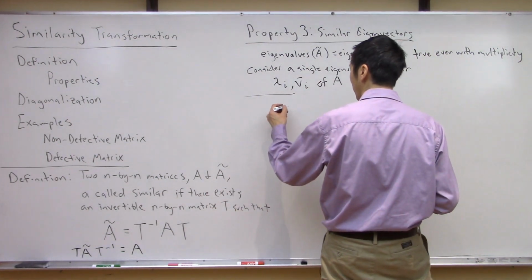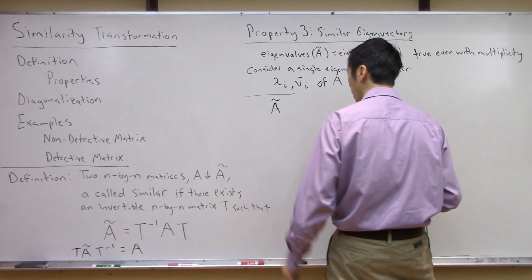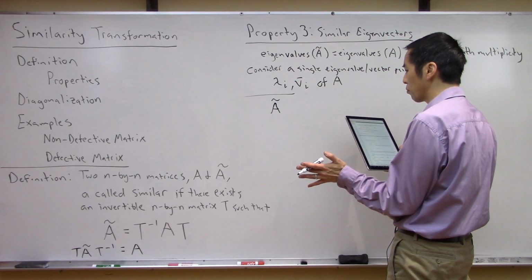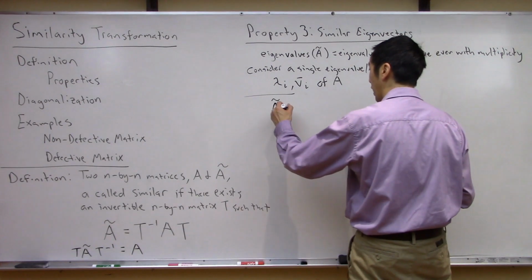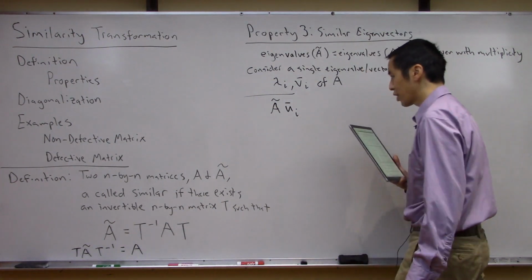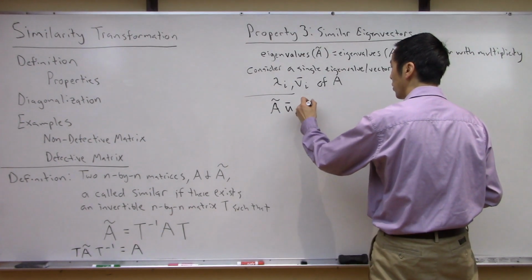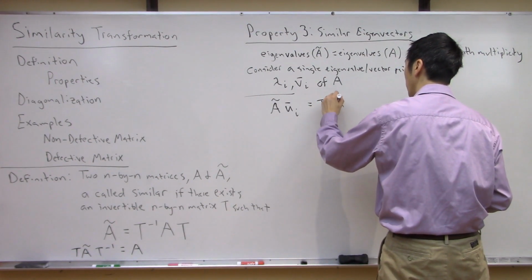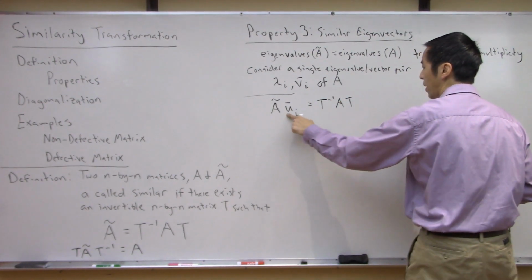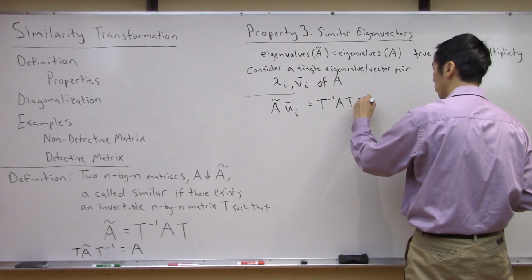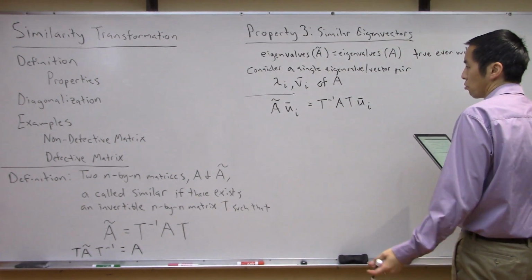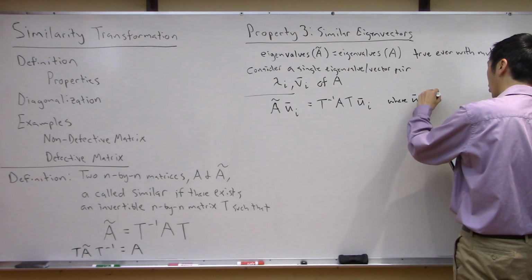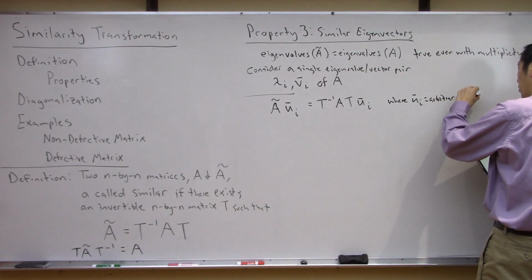Let's just look at A tilde, and multiply this by some arbitrary vector, how about u i. Now, A tilde is T inverse A T. Since I multiplied on the right by this arbitrary vector, I better do it over here as well. This u i is just some arbitrary vector.